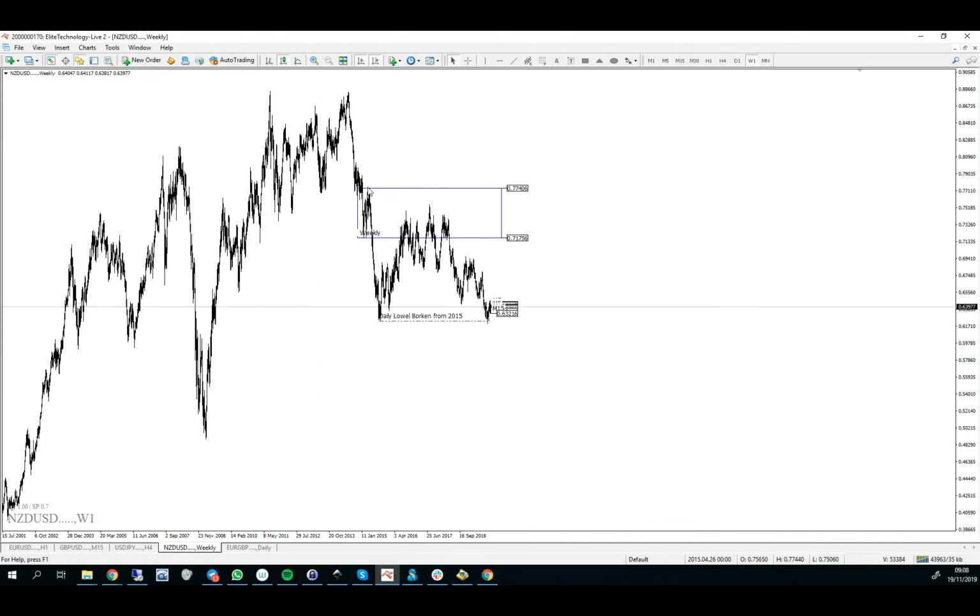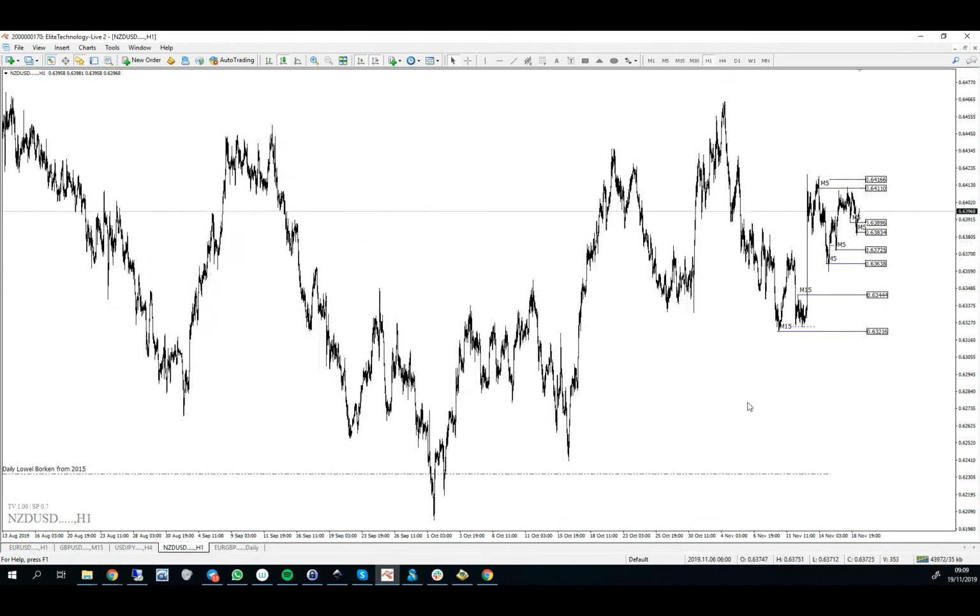So as long as this level is not broken, price is still on a selling bias, and this is what we're expecting. Since we have more clues that price is pushing downwards, breaking the 2015 lowest level, we expect lower lows. So in the long term, we are looking for down.